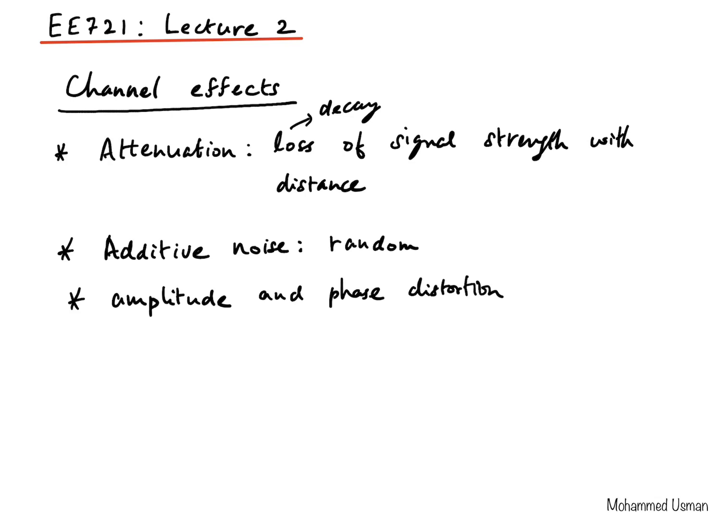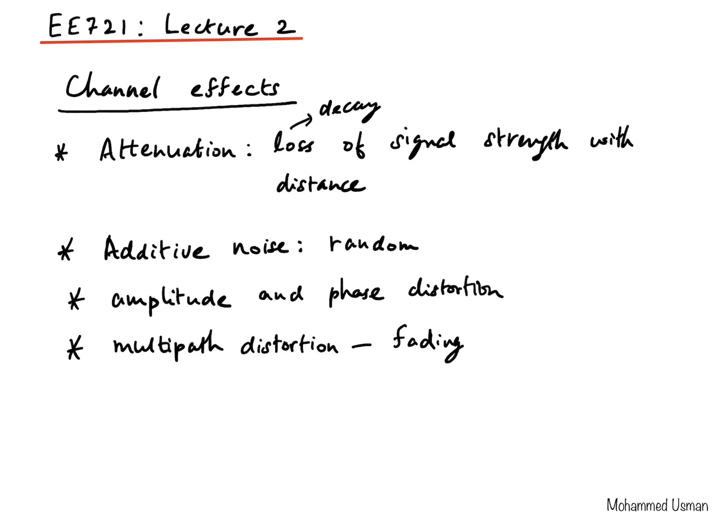The next aspect that we discussed was multipath propagation. Because of multipath propagation, we get what is called multipath distortion, which is also called fading. Fading is characterized by random variations in the amplitude of the signal, because the multiple paths that reach the receiver could either add up constructively by being in phase, or add up destructively if they are out of phase.